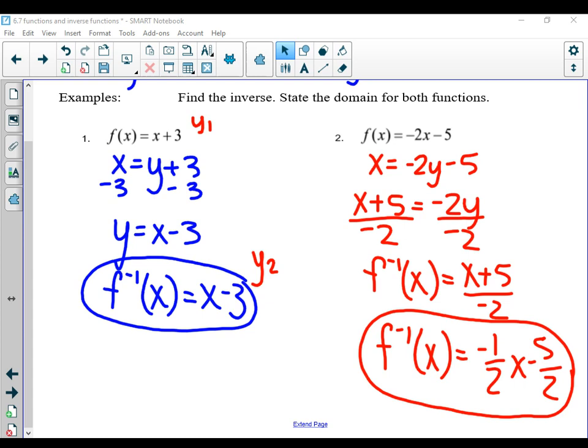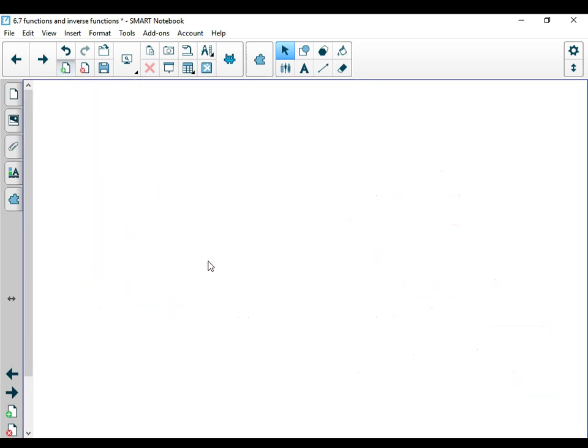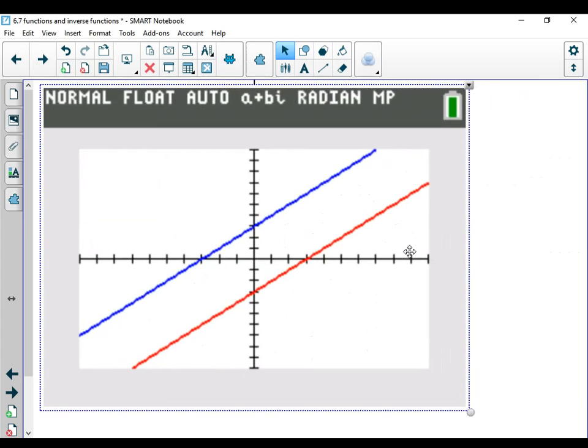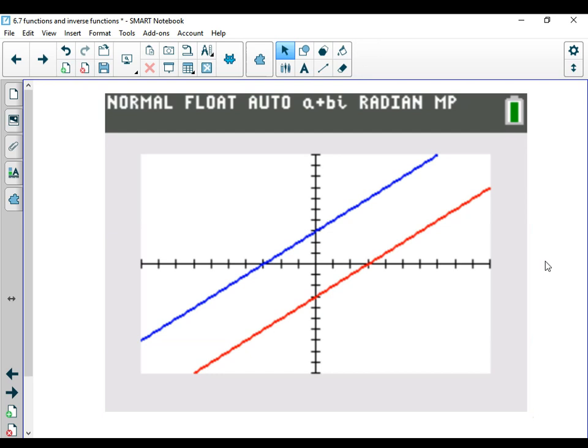X plus 3 was the original, right? Okay, that's what your calculator gives you, your original versus your inverse.